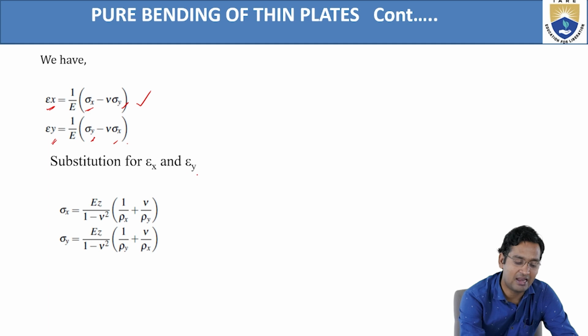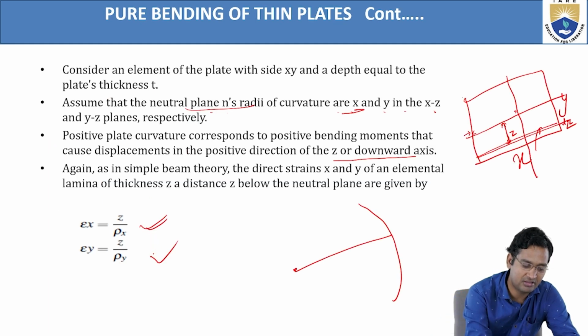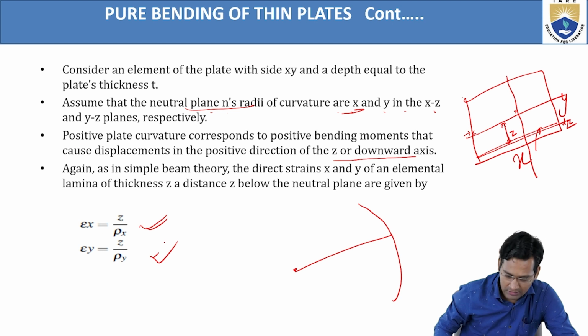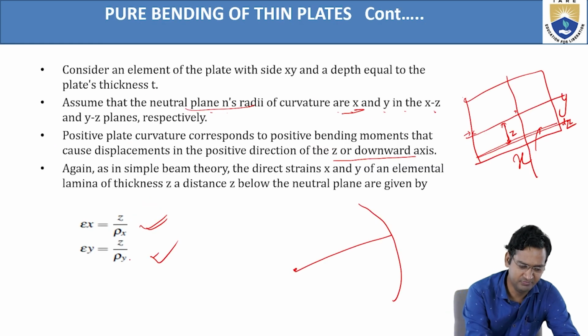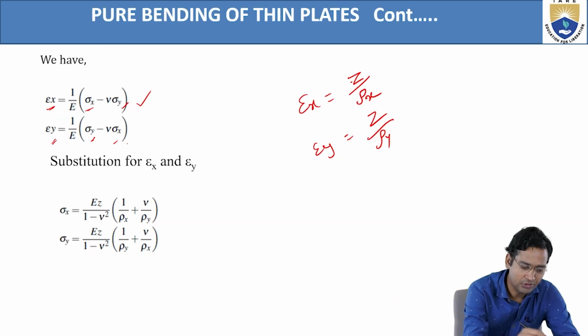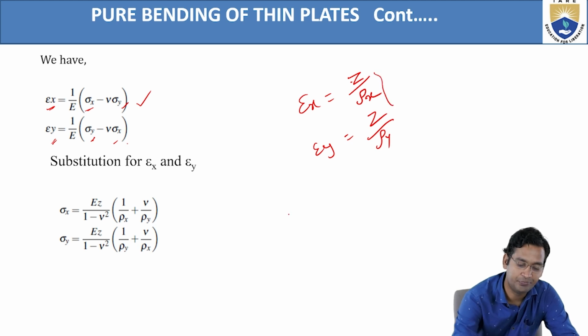Substituting for epsilon x and epsilon y: epsilon x is z by rho x and epsilon y is z by rho y. Let's substitute these two values. So z by rho x equals 1 by E into sigma x minus mu sigma y.